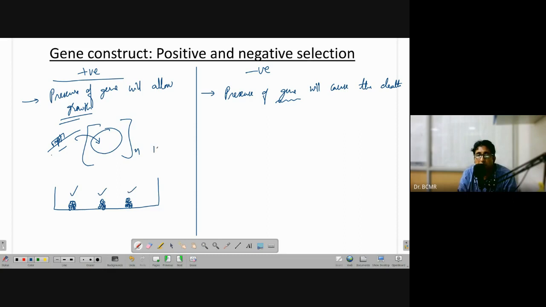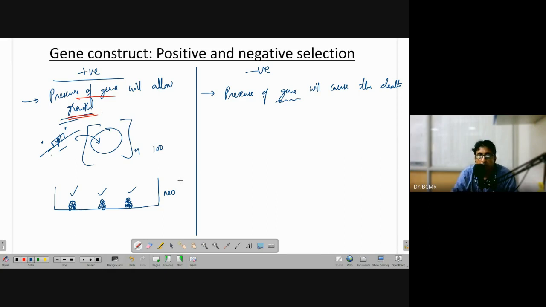You might have taken about 100 cells, say, for example. The rest, 97 cells, actually died because we have used neomycin in the growth medium. So those cells that have the neomycin phosphotransferase gene would survive and the rest would die. So that is the positive selection. As I said, the presence of the gene is allowing it to grow, right?